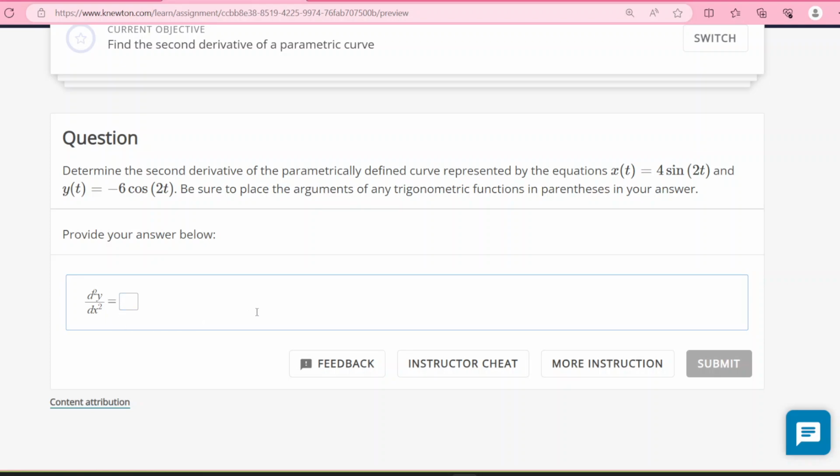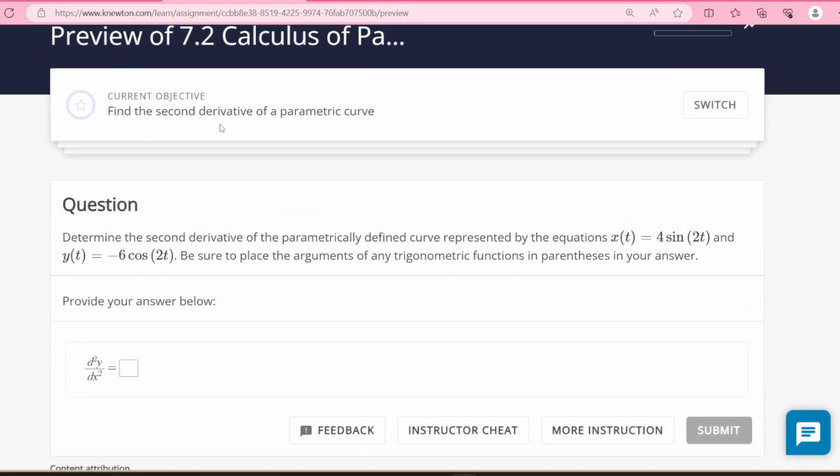Remember, this gives us the concavity of a curve. Is it concave up or concave down? So how do we find this second derivative at a point on a curve when we're given parametric equations?